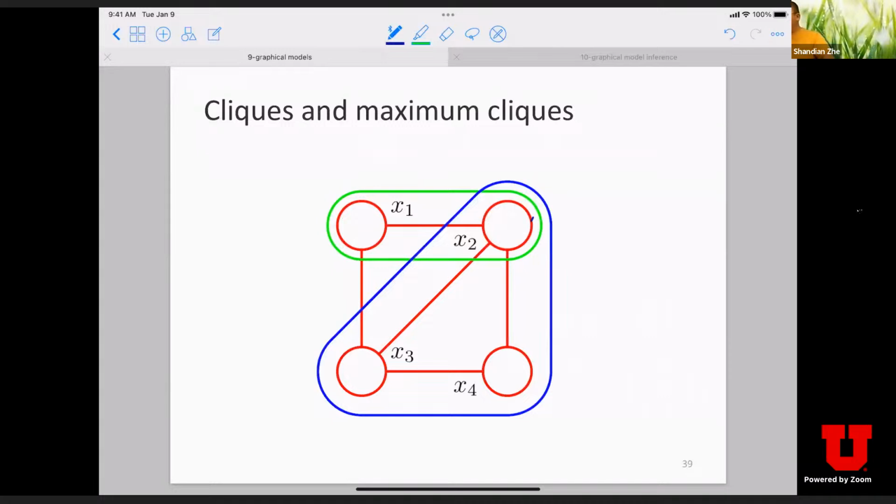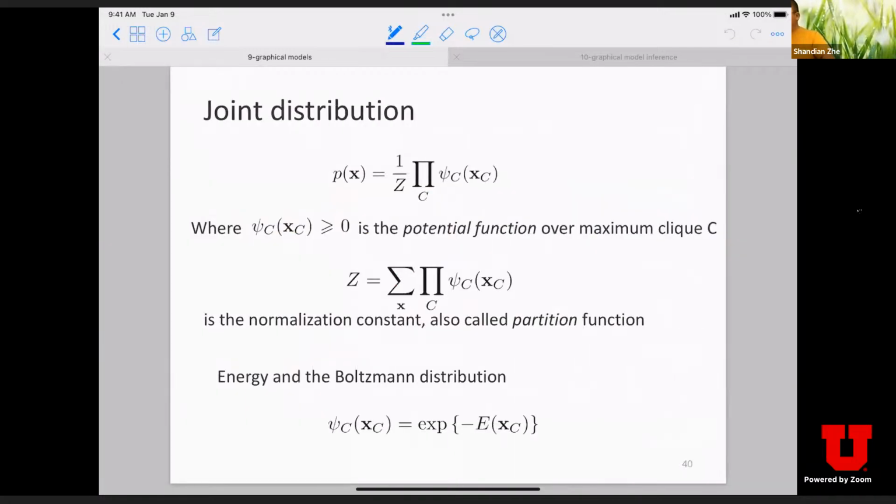So an undirected graphical model demands that we define a potential function over each maximum clique. Then your joint distribution over all the nodes is the product of the potential function over every maximum clique, properly normalized.